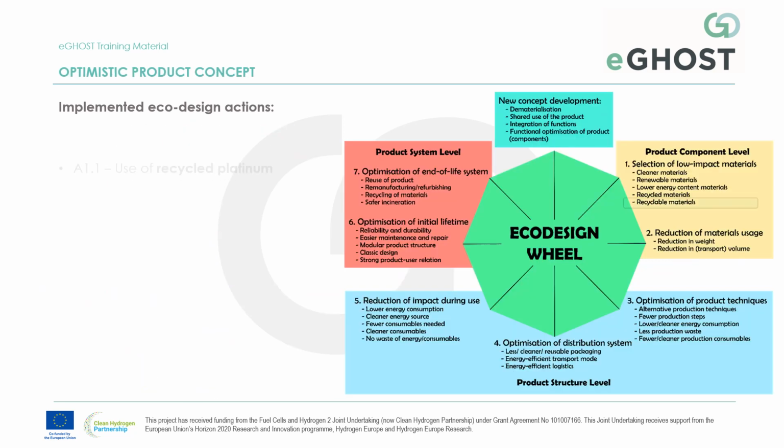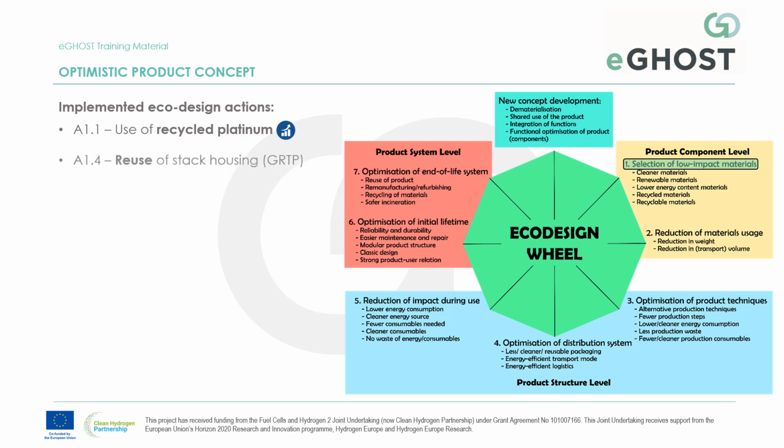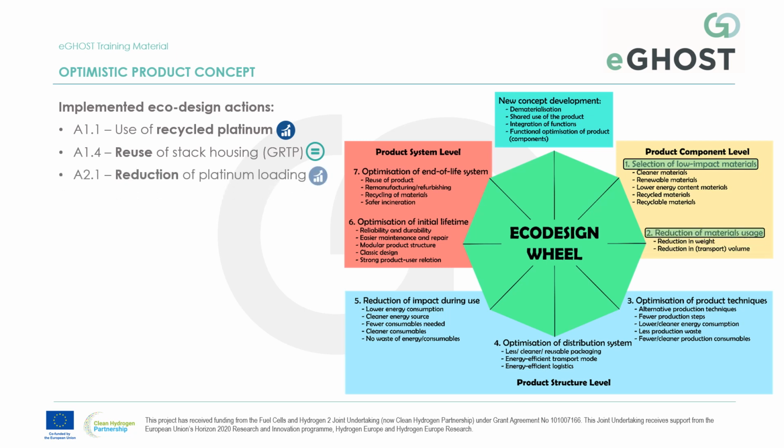For the optimistic concept, the use of recycled platinum is increased. Reuse of the end plates stays the same. Reduction of platinum loading is also increased, or basically the platinum loading is reduced even further.